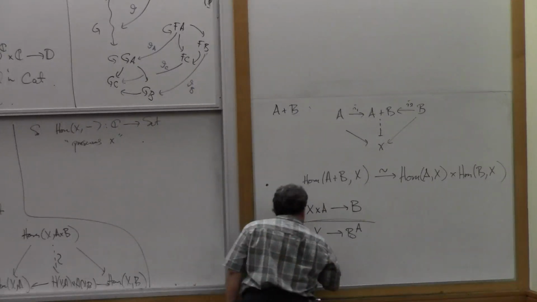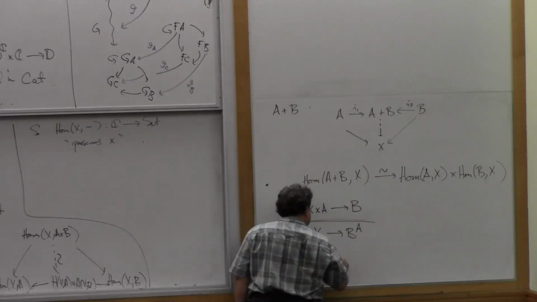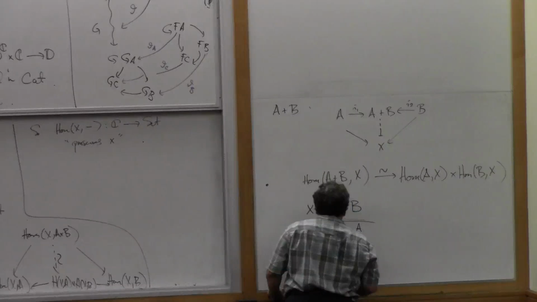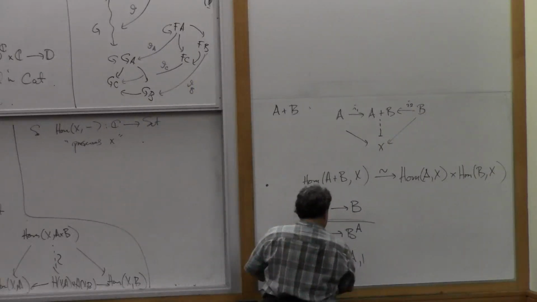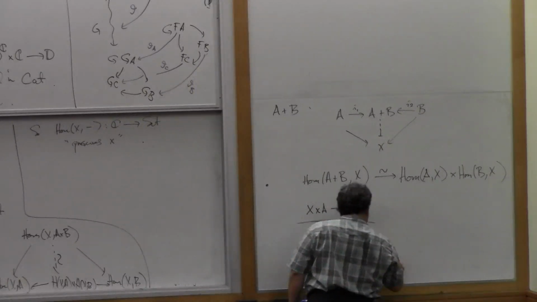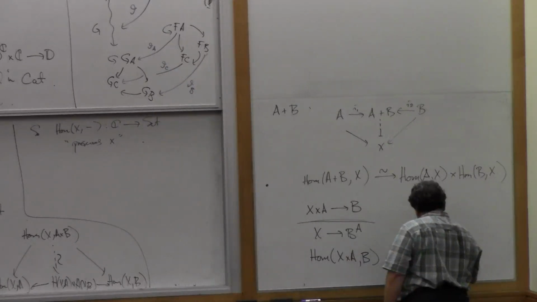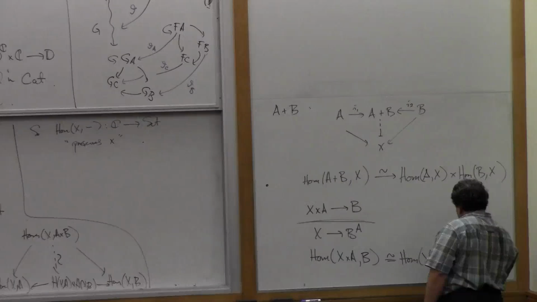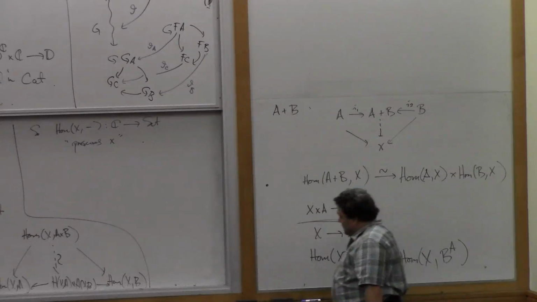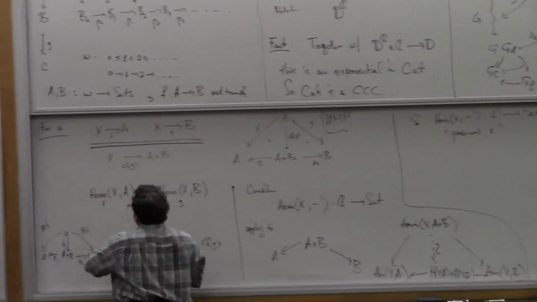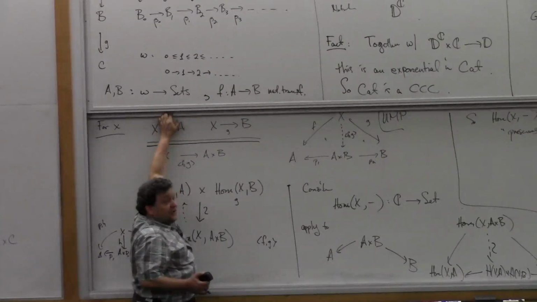That's saying exactly that Hom(X × A, B) is isomorphic to Hom(X, B^A). Okay, so now I've expressed all of those universal mapping properties in terms of isomorphisms of certain hom sets.